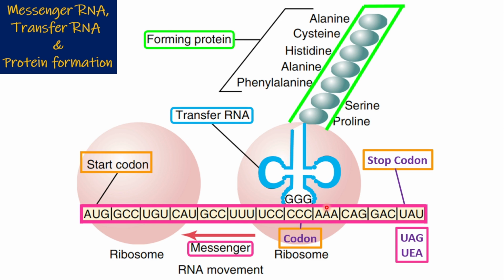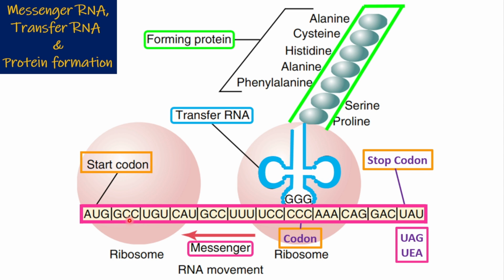Now what happens exactly is, if you focus on the messenger RNA, it has a specific sequence: AUG, GCC, UGU. As discussed in the previous lecture, the sequence of three bases will form a codon. So this one is one codon, this one is the other codon, and we have labeled this CCC sequence as a codon.